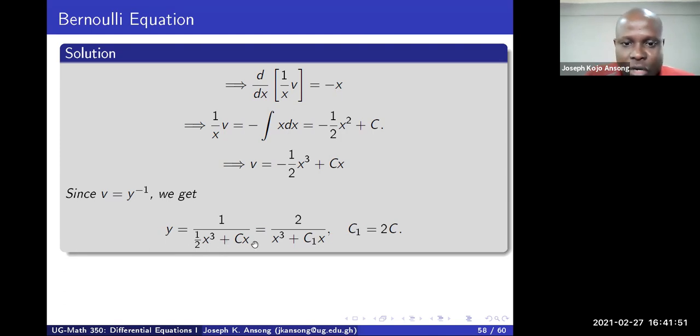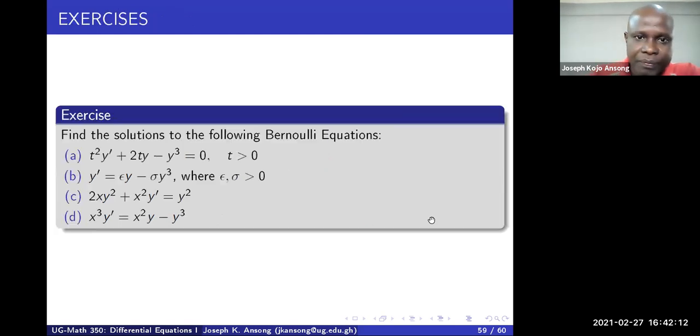If I multiply the top and bottom by 2, I'm going to get this expression here. Once again, there should be a minus here, and that gives you a solution. You don't have to simplify it to this point. From here, you can get a solution. C1 there is a constant. So once we do that, we have a solution to our Bernoulli equation.